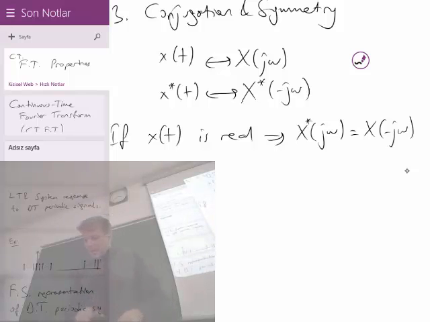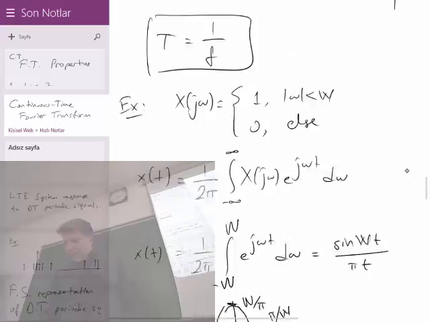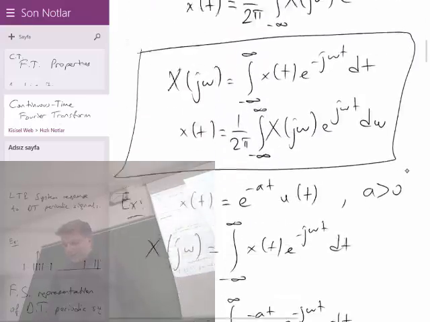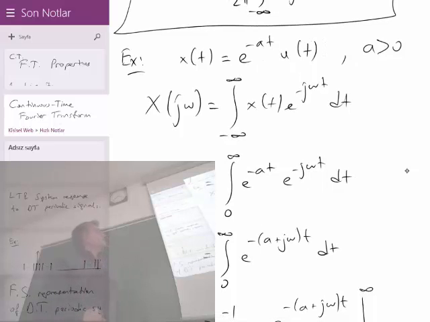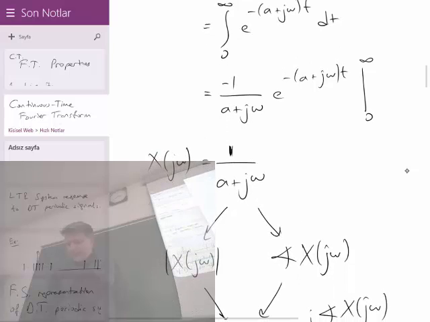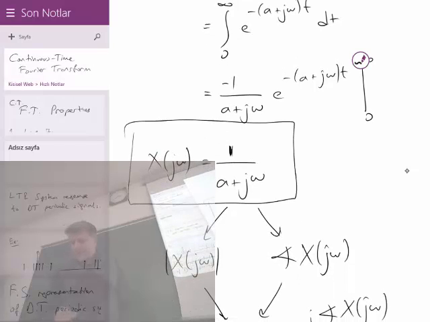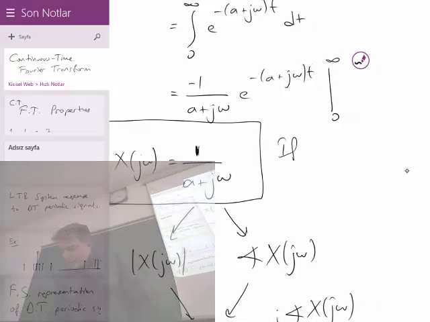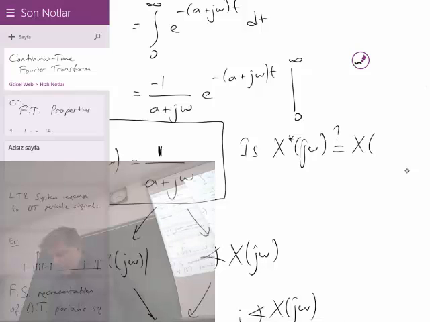You have to check. And for that, just for illustration purposes, let's go to the first Fourier transform example, which was this: x of t is equal to e to the minus at u of t. Is it a real signal? Of course. And what did we find as the Fourier transform of that? We found this: X of j omega is equal to 1 over a plus j omega. Now, using this, is x conjugate of j omega equal to x of minus j omega?